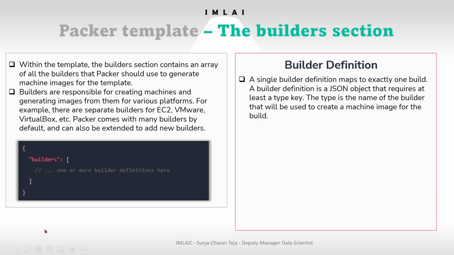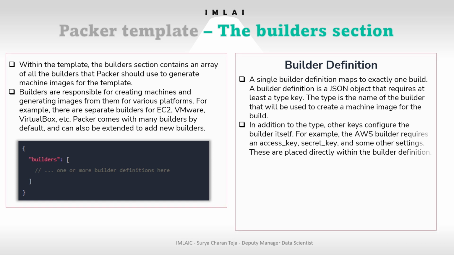This complete section is called a JSON object that requires at least a type key. The type is the name of the builder that will be used to create a machine image. In addition to the type, the other keys configure the builder itself. For example, if it is AWS, the builder requires an access key, a secret key, and some other settings.